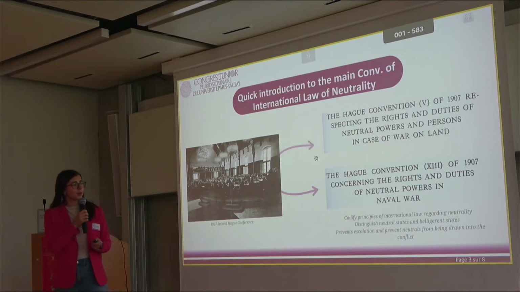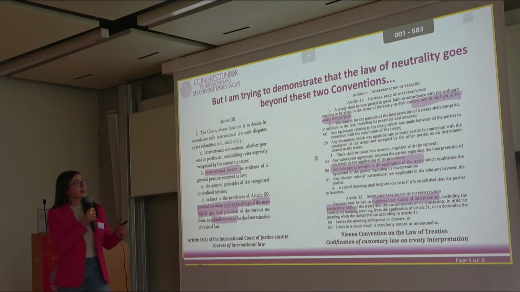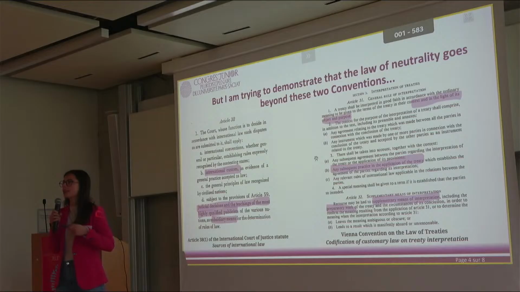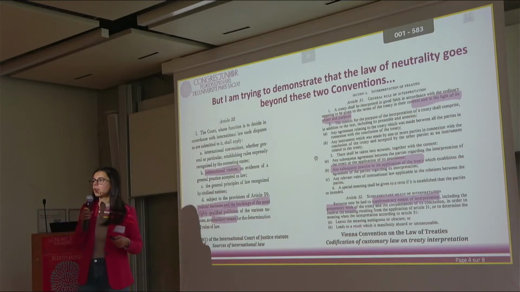Well, to answer that question, it's important that you understand what an international lawyer does. We do not always stick to conventions because we have two articles saying that international law is broader than just treaties.